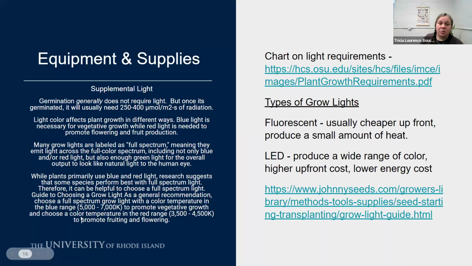And then you can choose a color temperature in the red range from 35 to 45 K and the blue range from 5,000 to 7,000 K to promote your growth. But I found that I went on Amazon and just looked up some LED grow lights and bought whatever came up, the long bars, and they worked great.